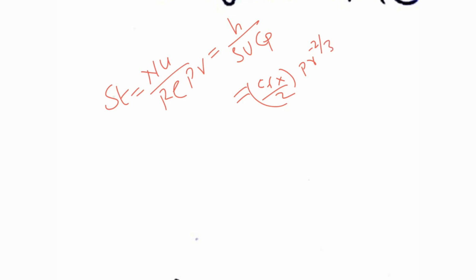These are all the expressions we have for the Stanton number. In the problem, they will give the values of rho v cp, Cfx and the Prandtl number. Using these values you can easily find the value of hx.